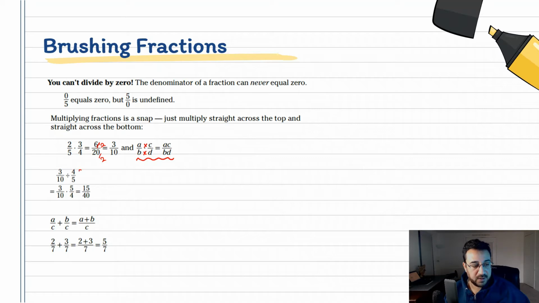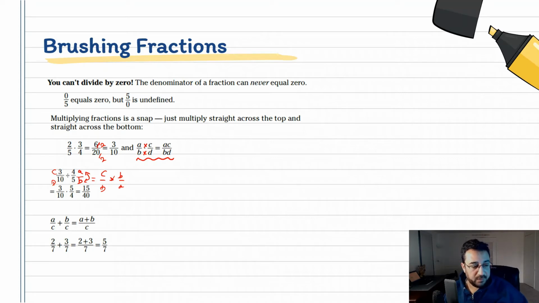So if you have a over b and c over d, in this case, if they are divided, you can say a over b multiplied by d over c. So you just flip the second fraction. So this way you can do a multiplication.